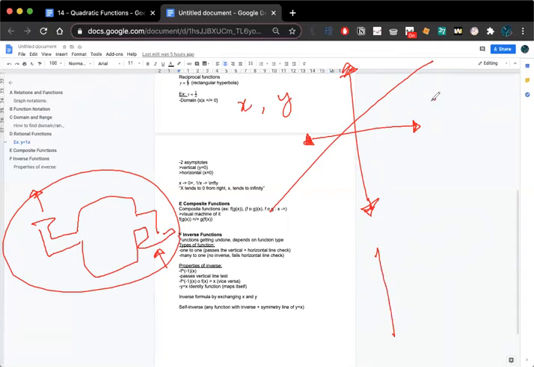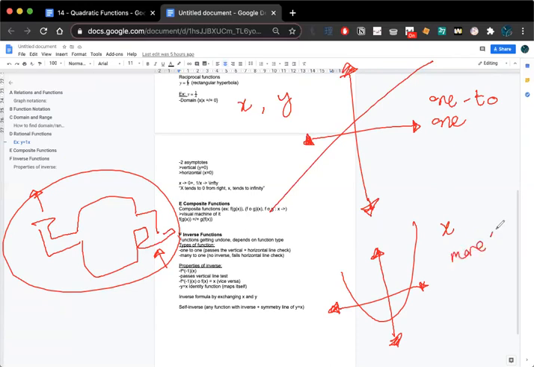This is what you call the one-to-one function. And then we also have another function which we call many-to-one. These functions would be the type that's usually quadratics, polynomials. This is when for every x value, there can be more than one y.